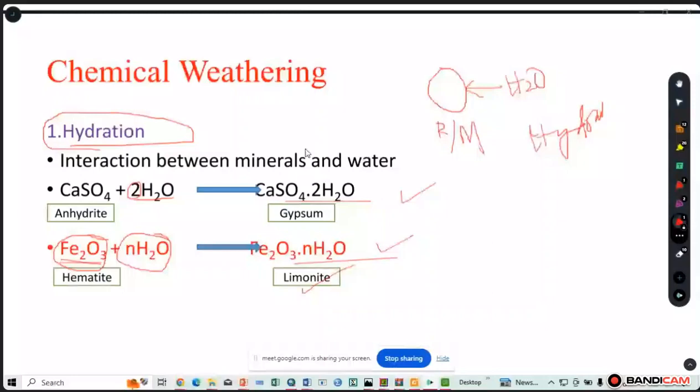After that it changes chemically to form a new mineral or rock, which is known as hydration. Okay, hydration is like, you know, now the summer season is going on, people say drink water, you will stay more hydrated, it is the same type. When minerals and rocks absorb water, what happens? Some chemical changes occur within it, and the chemical composition changes due to the absorption of water, which is known as hydration.